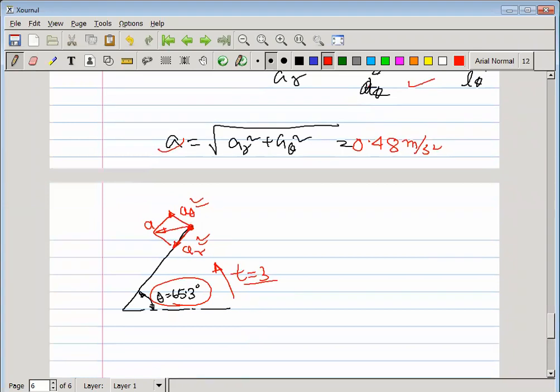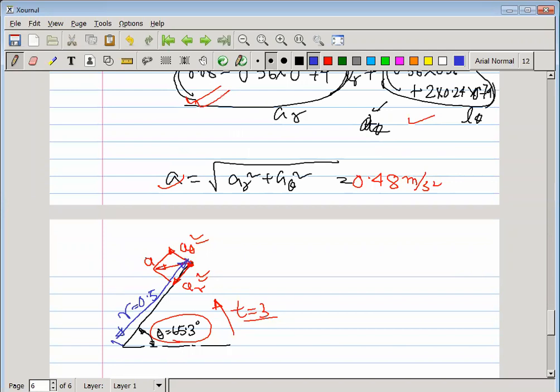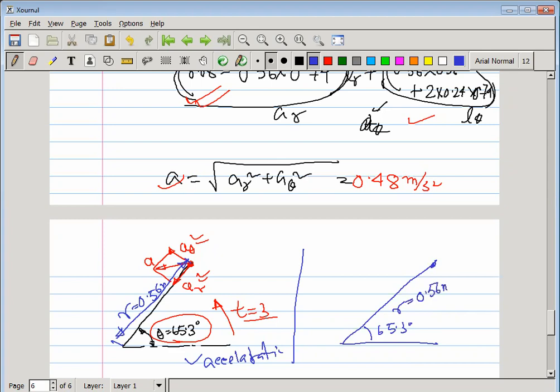Another thing is this distance, and this distance is nothing but r, which here is 0.56. And this is for acceleration. For velocity, here also it is the same 65.3 degrees. Distance is also the same, r is 0.56 meter.